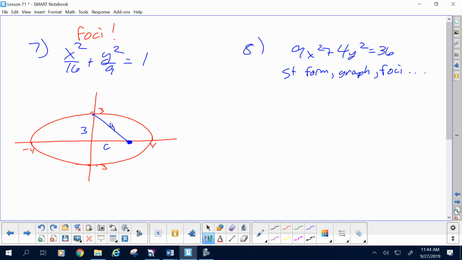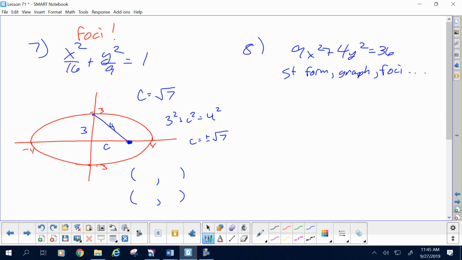All right, so what is C? Is it 5? Somebody was throwing that out there just to test us. It's root 7, yeah? How about Pythagorean theorem? 3 squared plus C squared is 4 squared. Well said.